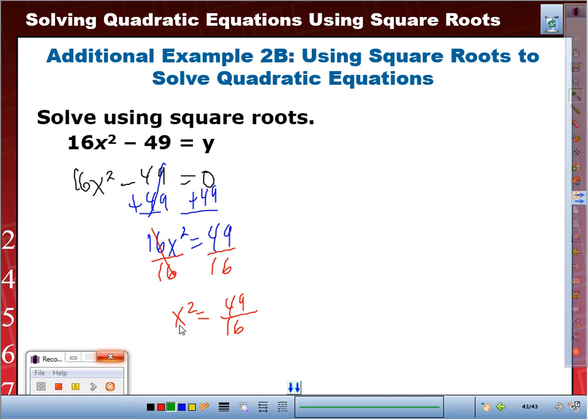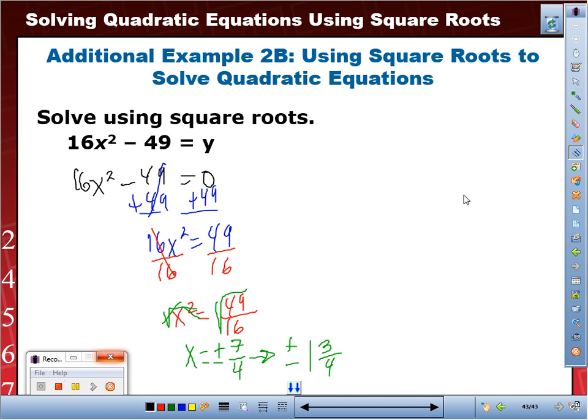And now we do what? Square root. We're left with x equals plus or minus what? 7 over 4. Can we simplify that? No. Plus or minus 1 and 3/4. So like that we know where to graph our x-intercepts, right?